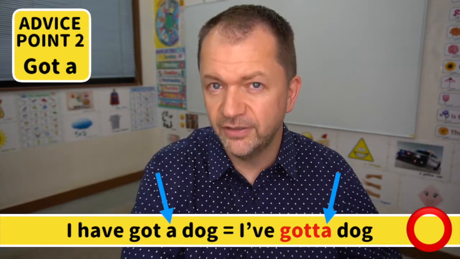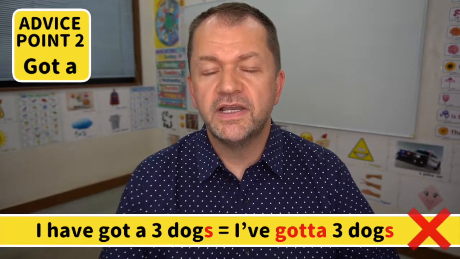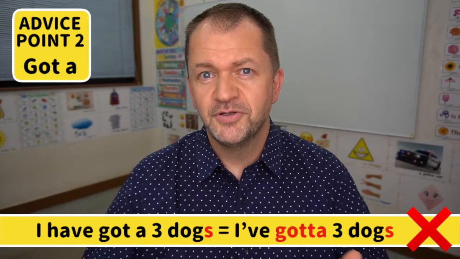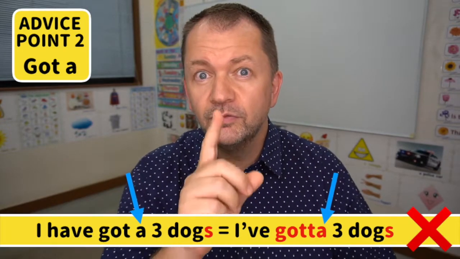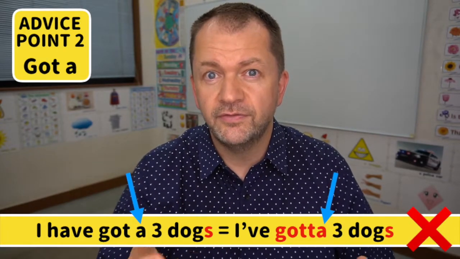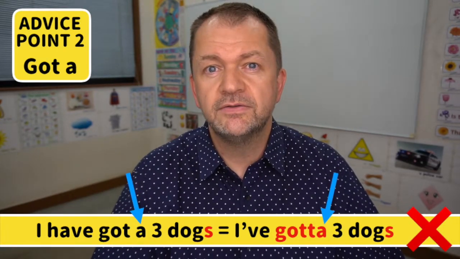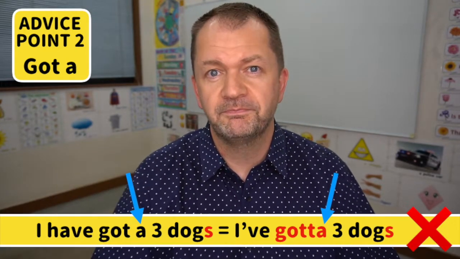So we cannot say, I've got a 3 dogs. Because we're not talking about only one dog, we're talking about many dogs, 2 or 3 or more dogs. So you cannot use gotta for this one.